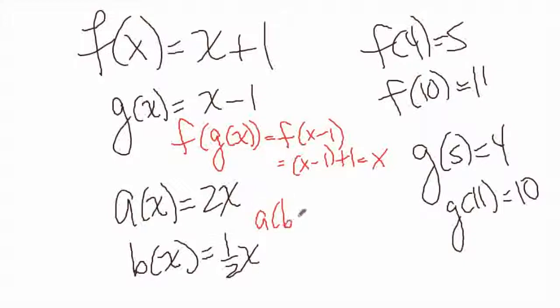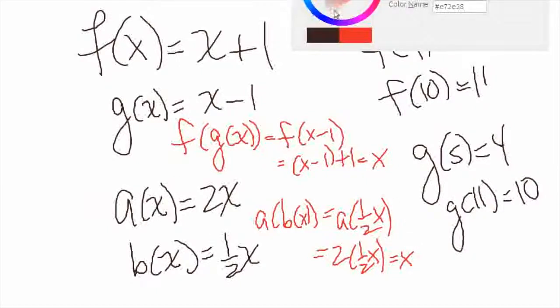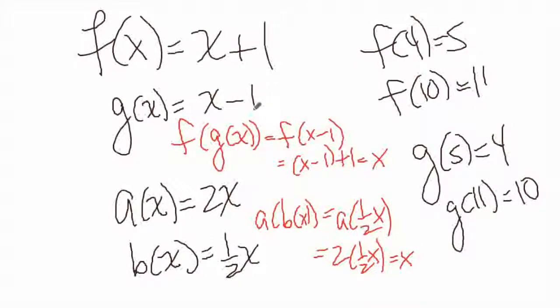Let's see if this works for the a and b. A of b of x means a of 1/2 x. That means double 1/2 x. That also gives x. It also works in the other direction. Go ahead and try, let's do it on the left here, g of f of x. See what that gives you.